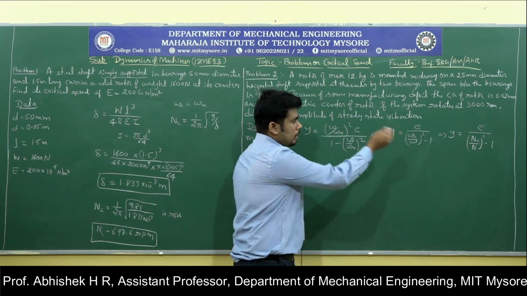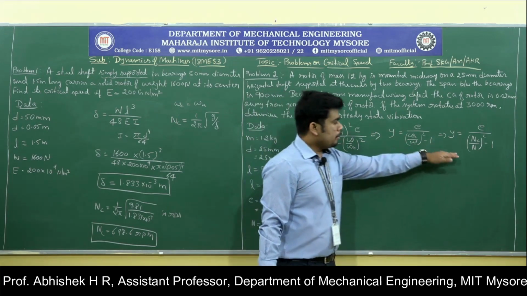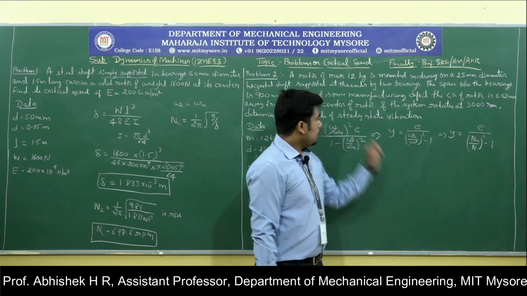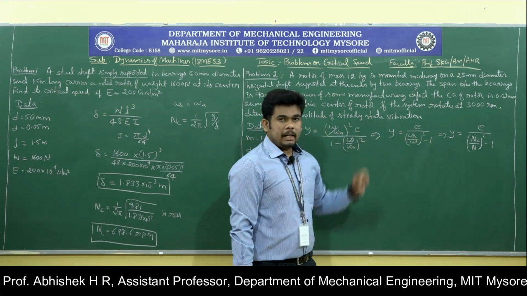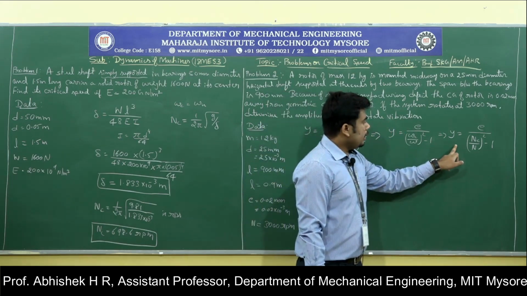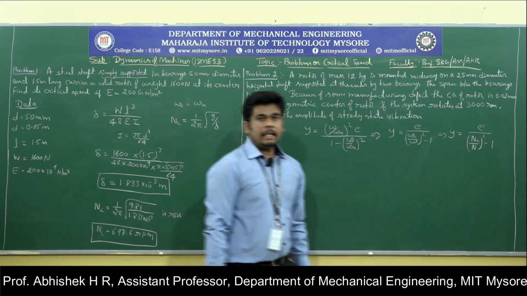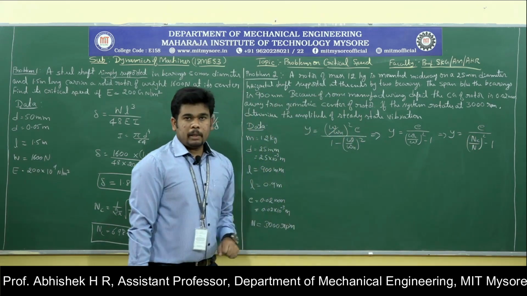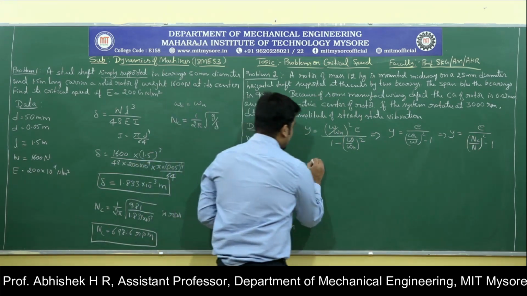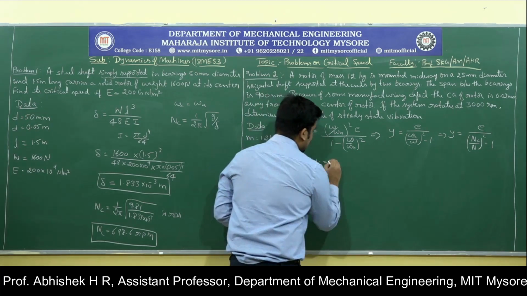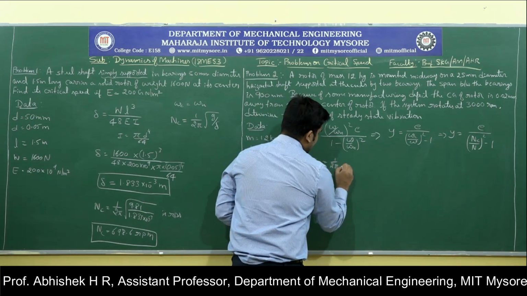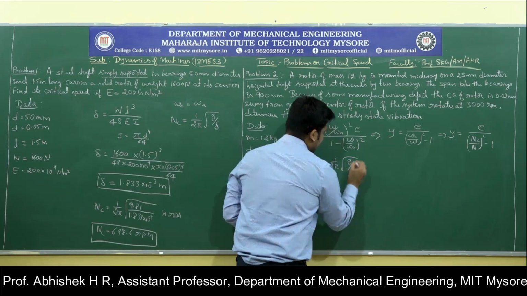Now from this I can calculate the amplitude of steady state vibration. But here I know the value of N, but I don't know the value of Nc. From the previous problem, we know that Nc is 1 by 2 pi into square root of g by delta.